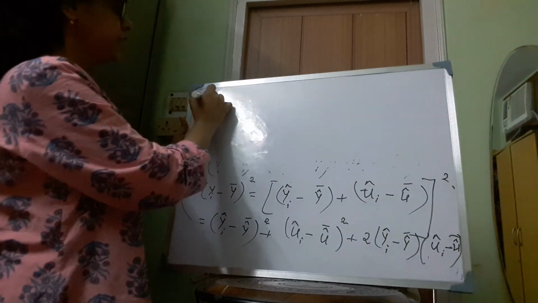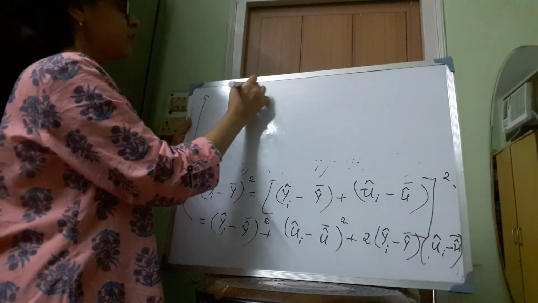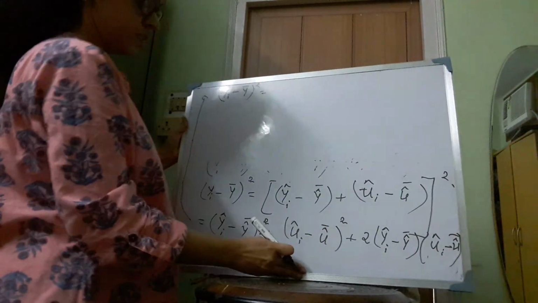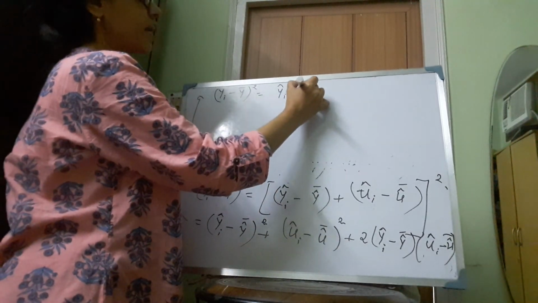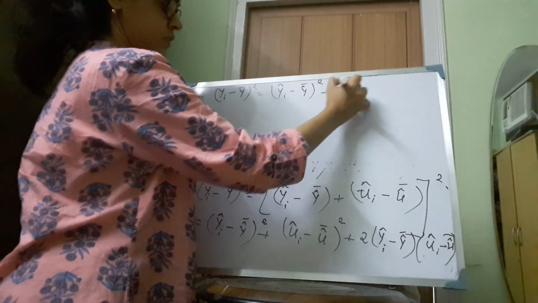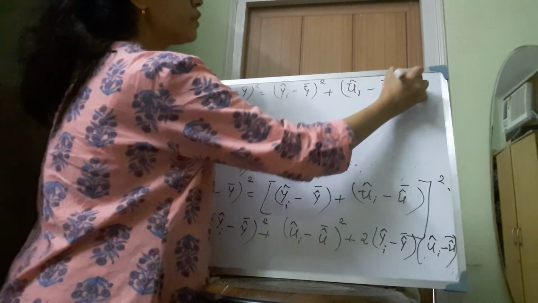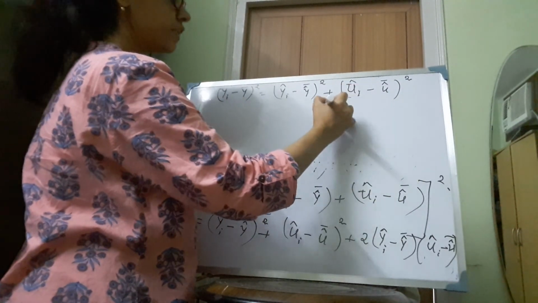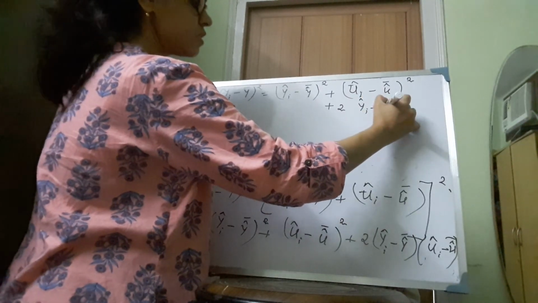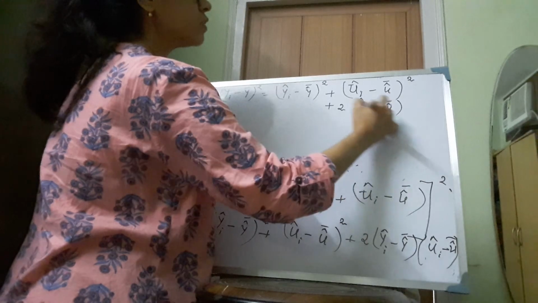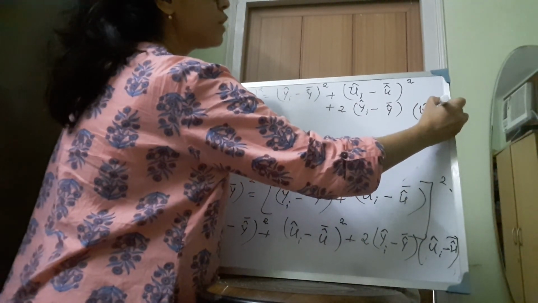So from here, on the left hand side we have yi minus y bar whole square, and on the right hand side the first term is yi hat minus y hat bar whole square, then ui hat minus u hat bar whole square, then 2 into yi hat minus y hat bar into ui hat minus u hat bar.